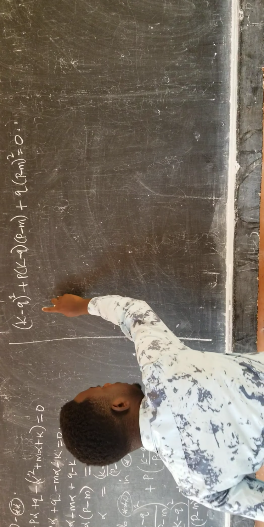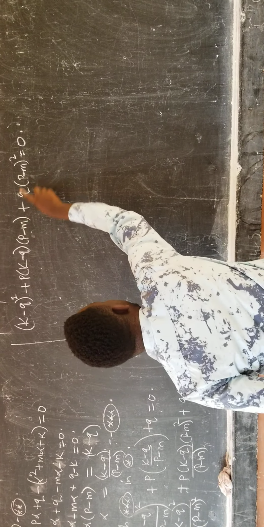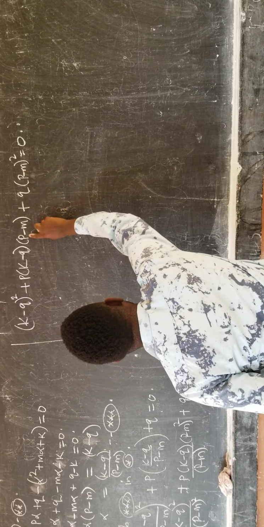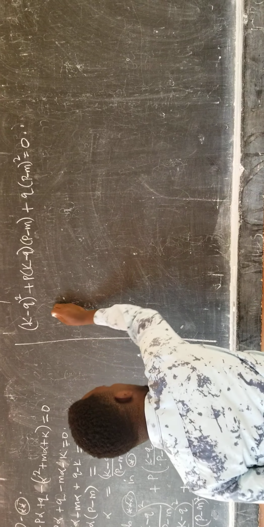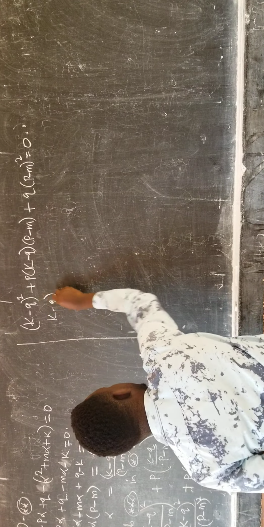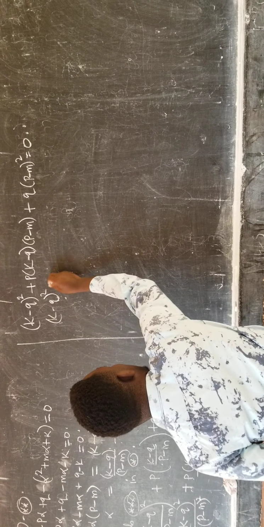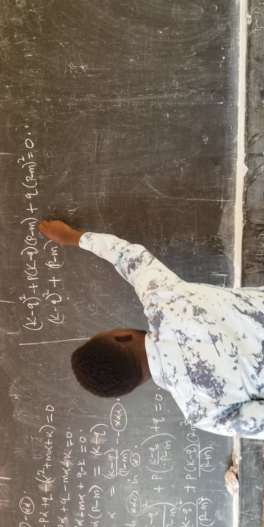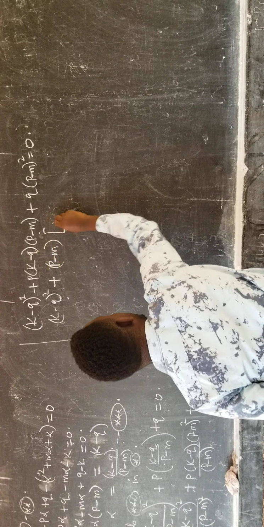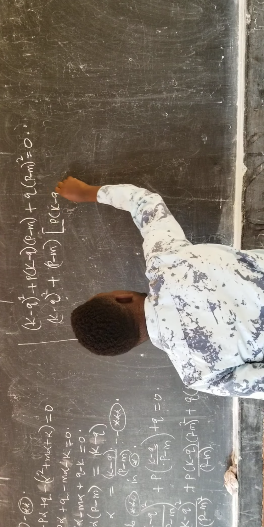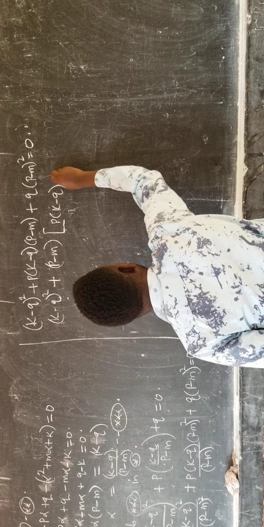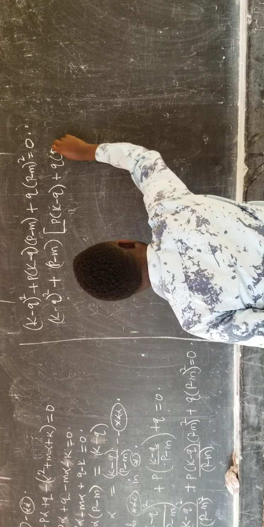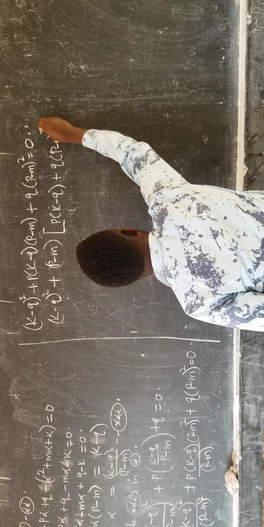In that case, now here p minus m is common, so I can factorize it out. I'll have k minus q squared plus p minus m into, here we remain with p into k minus q, here we remain with plus q into p minus m.